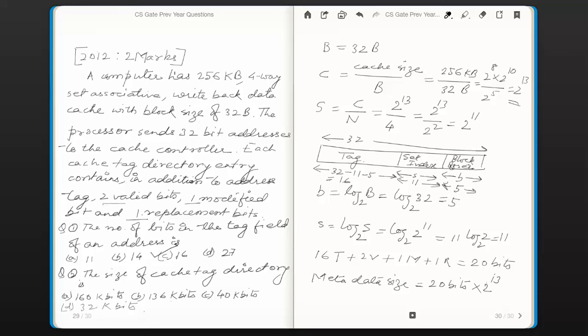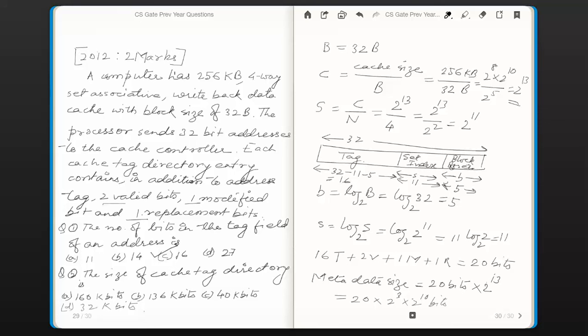Now here the answers are given in kilo, right? So what we can do here is extract out 2 to the power 10 from this power term. So 20 into 2 to the power 3 into 2 to the power 10 bits, and absorb this 2 to the power 10 in the unit, and it would become kilobits.